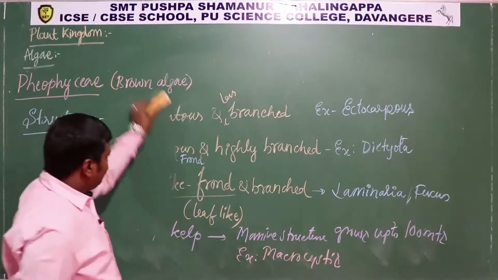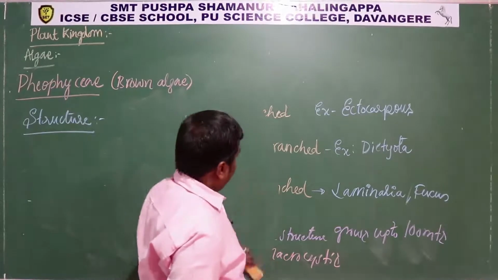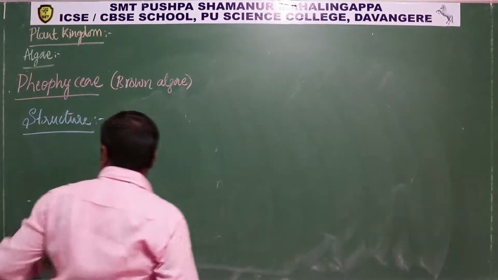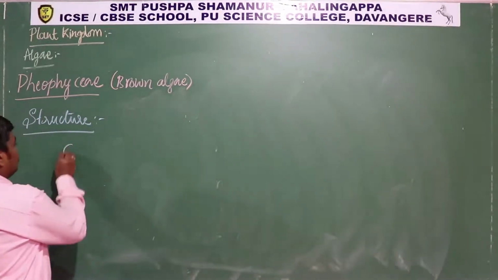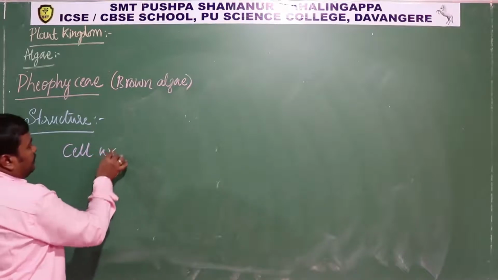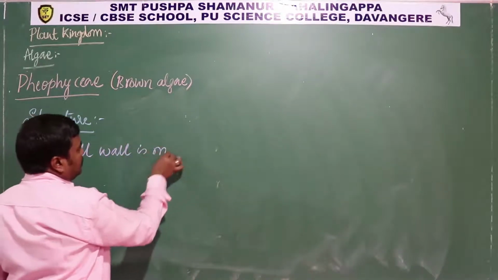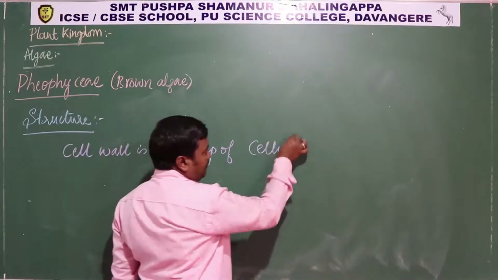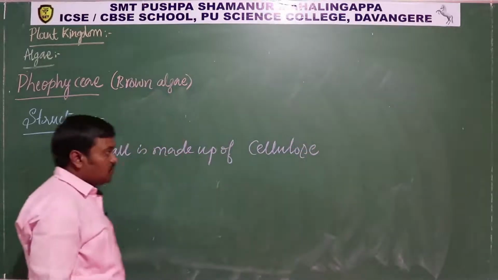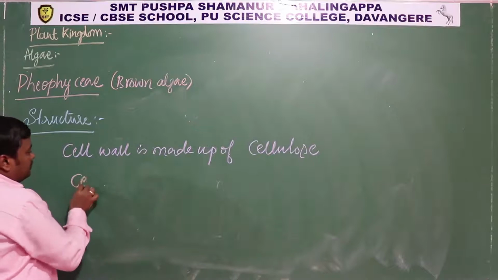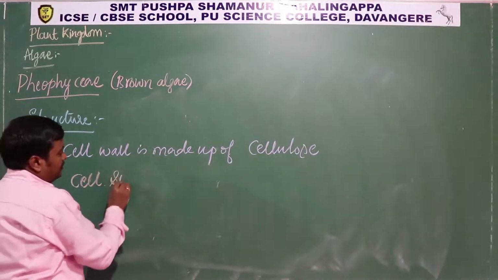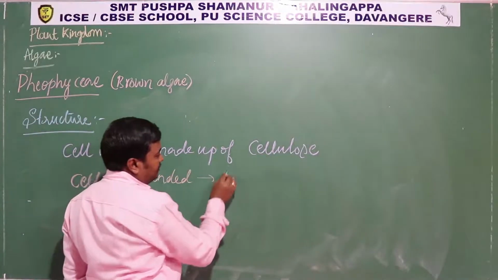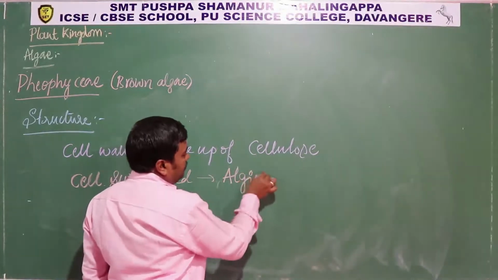But let me explain the cell type and how it is, then I will go for the diagram. So the cell wall is made up of, as usual in the plant kingdom, cellulose. The whole filament is surrounded by algin.